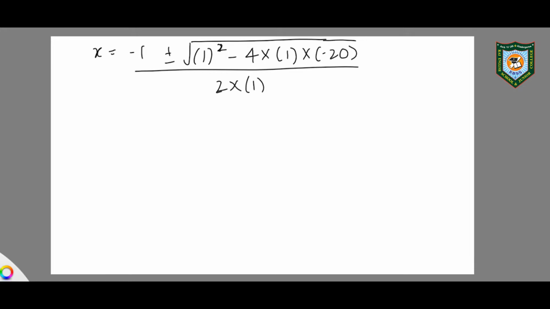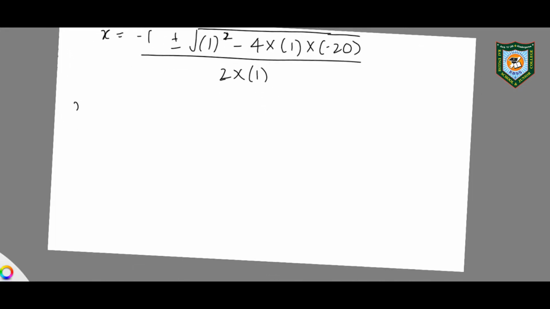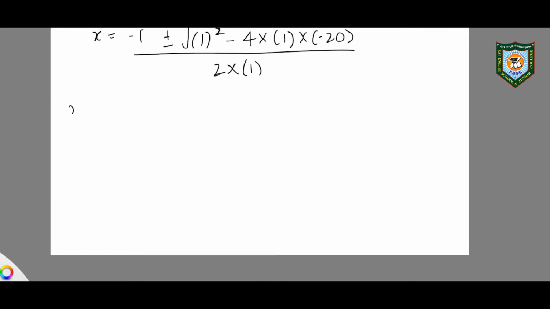Now once I have this, I can solve the complete bracket. On the right hand side I have x is equal to minus 1 plus minus. Now I'm going to solve the values inside the under root. So 1 square is 1, minus 4 into 1 is 4, and 4 into 20 is 80, and minus minus becomes plus.